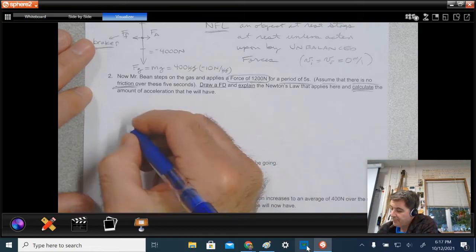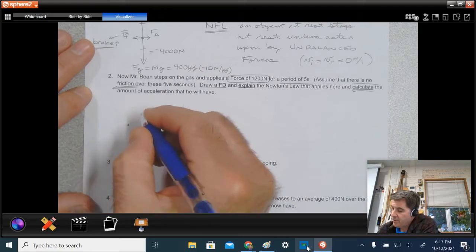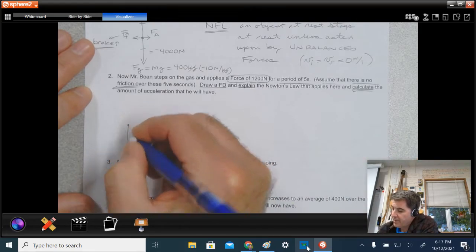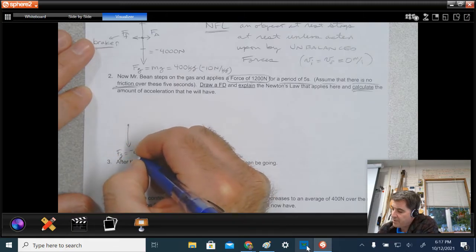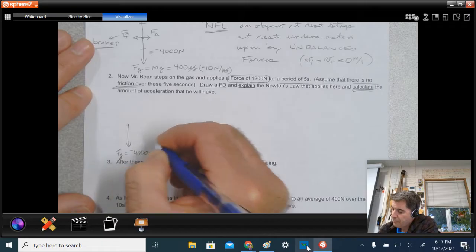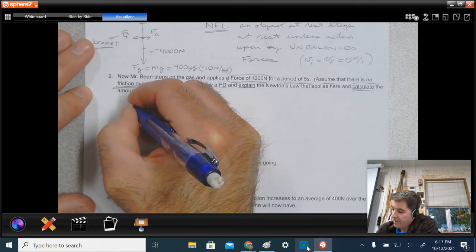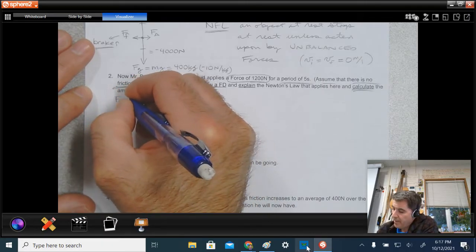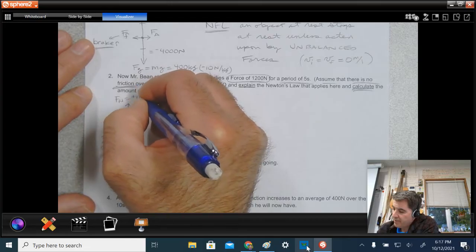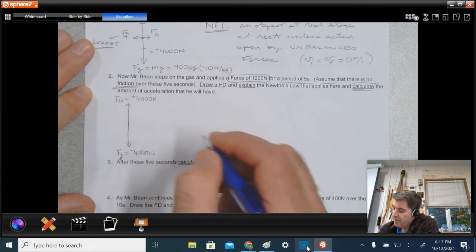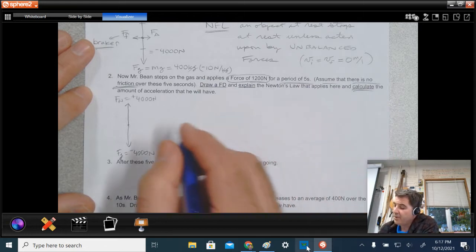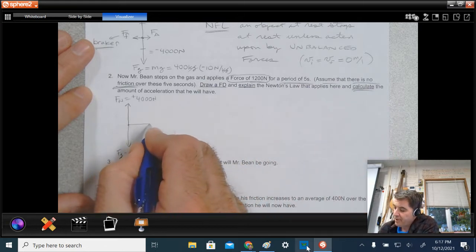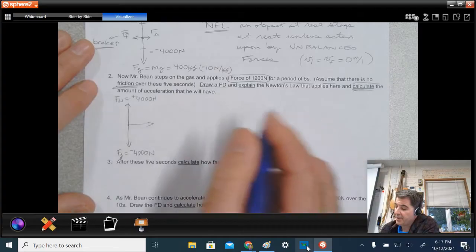So once again, I'm going to draw the force of gravity going down. I don't have to repeat the calculations because I already know it's a negative 4,000 newtons. And I'm going to repeat the normal force going up is a positive 4,000 newtons. But in this case, it says there's an applied force of 1,200 newtons. So I'm just going to draw it like that, although it's not perfectly to scale.